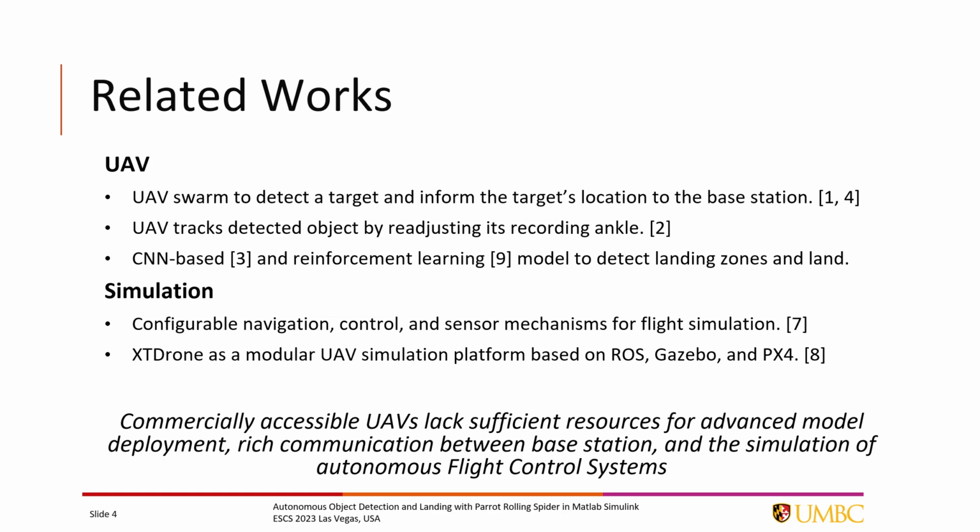From the simulation perspective, tools and platforms exist based on ROS, Gazebo, and PX4. In conclusion, we derived that commercially accessible UAVs lack sufficient resources for advanced model deployment, rich communication between base station, and the simulation of autonomous flight control systems.